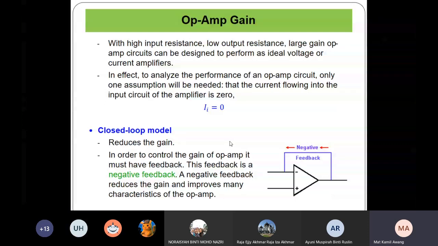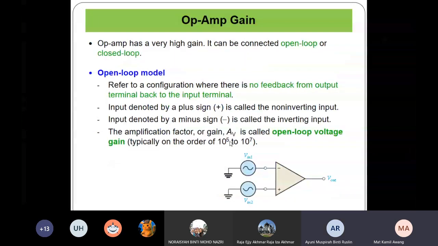So the input current is equal to 0. The current going into the plus or minus terminal is equal to 0.